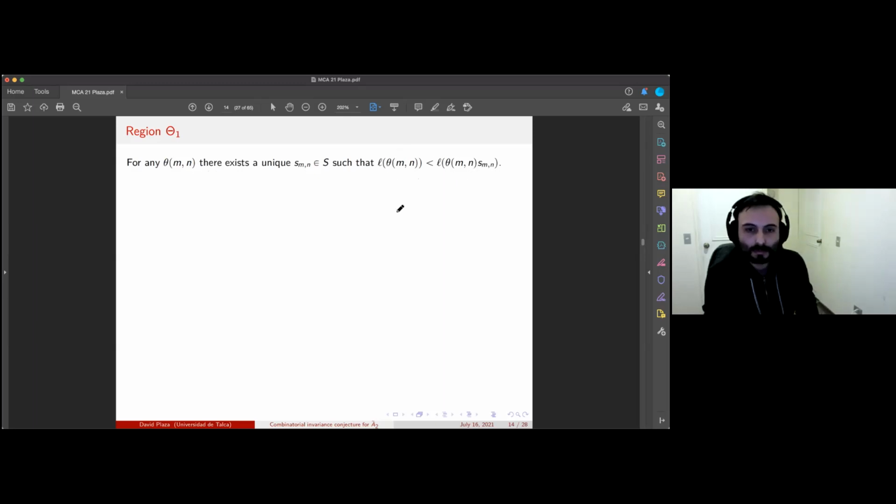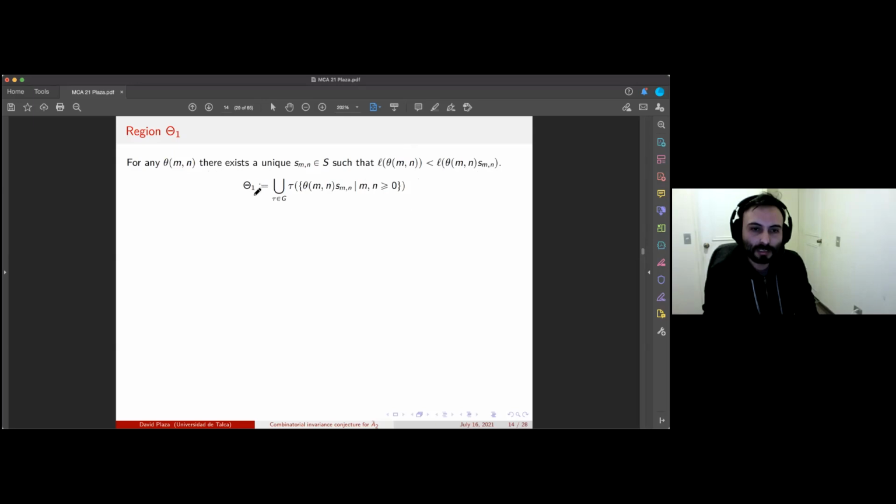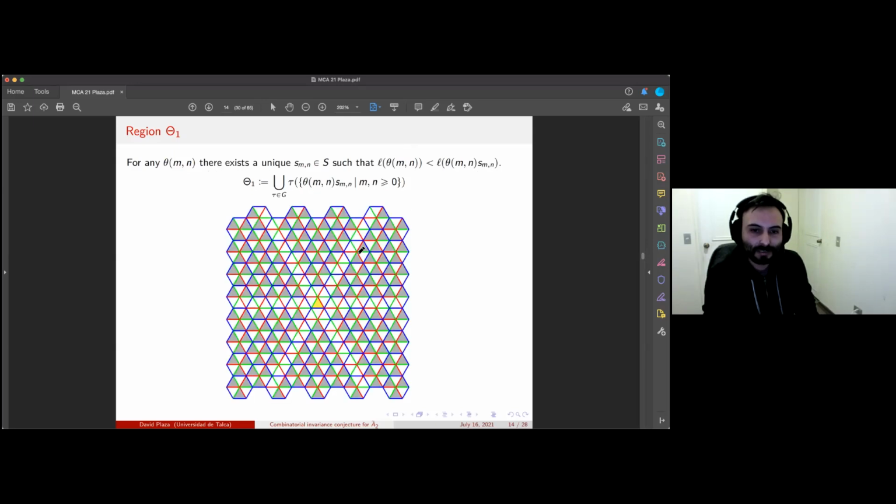And so we first consider the elements theta mn smn, which correspond to these gray triangles. And then, as before, we consider their g orbits. So region theta 1 is defined this way, and graphically, region theta 1 corresponds to all these gray triangles.